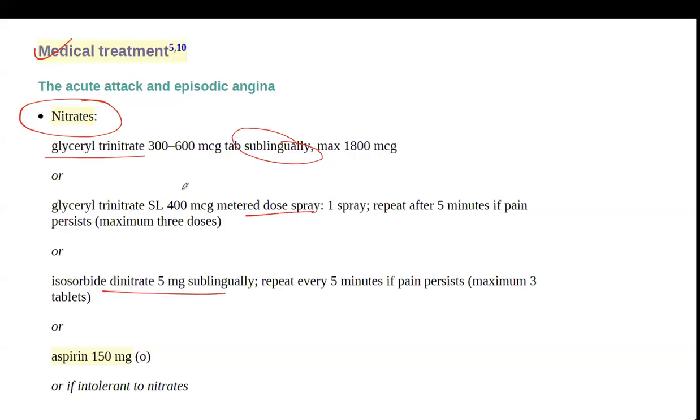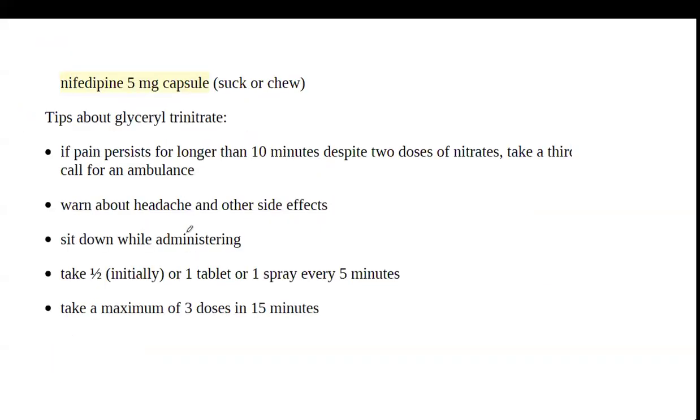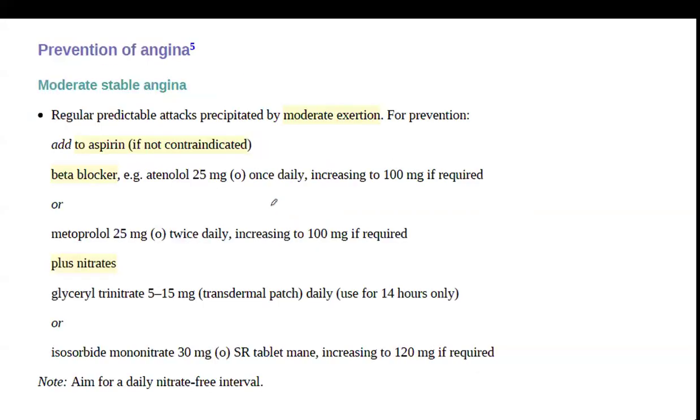So nitrate is the main medication during acute pain. If a patient cannot tolerate nitrate, then we can give them nifedipine. This is mainly for patients who have stable angina. During the pain, they will just take that nitroglycerin.